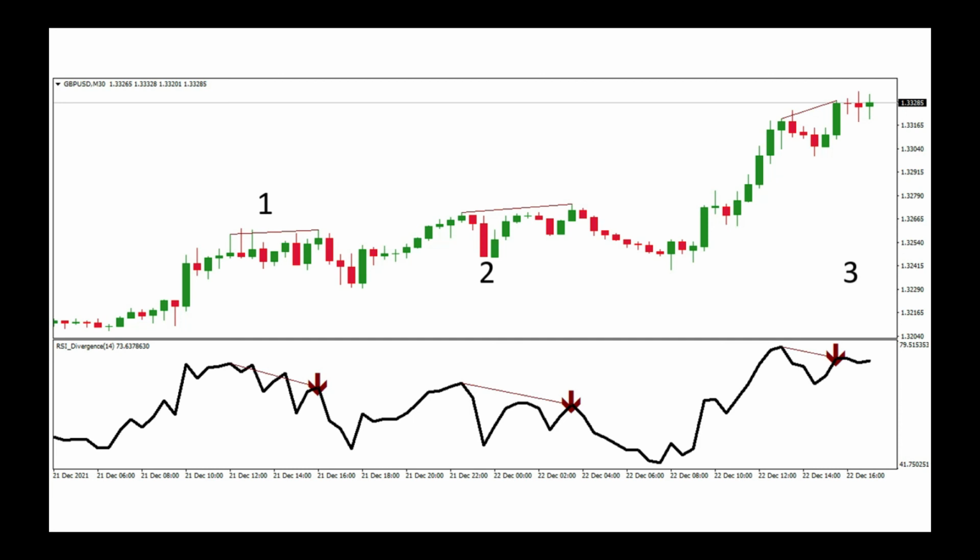You can download this indicator, but around the internet you also have a lot of relative strength index divergence or MACD divergence indicators, hundreds of divergence indicators.